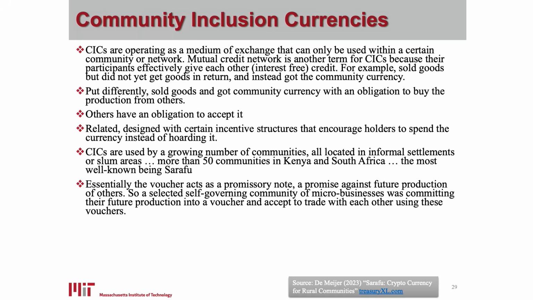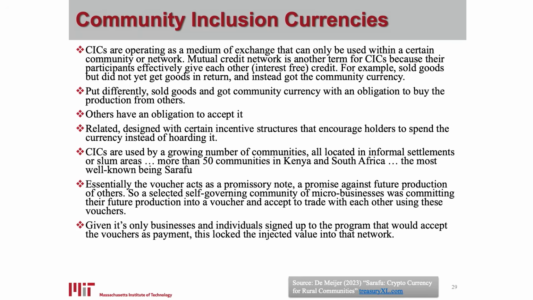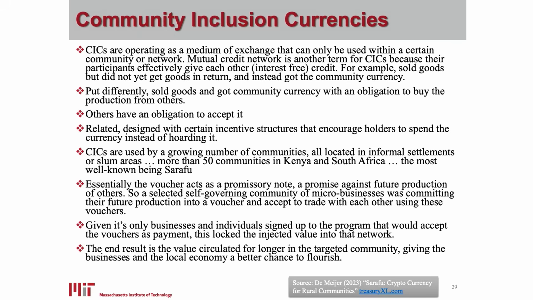A self-governing community of micro businesses was committing their future production into vouchers to accept trade with one another so that the value would not leave the community. And there's this notion, if everyone goes to shop at Walmart or something, that's leakage. That's value that doesn't recirculate in the community.